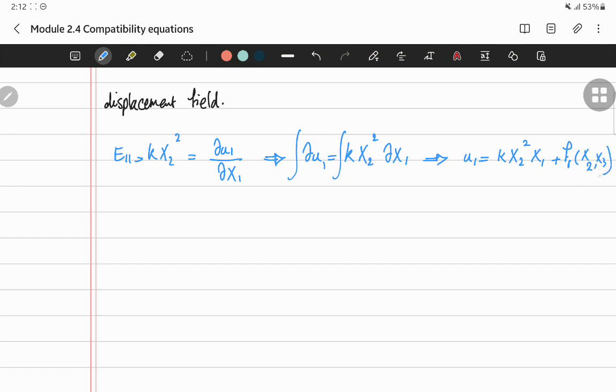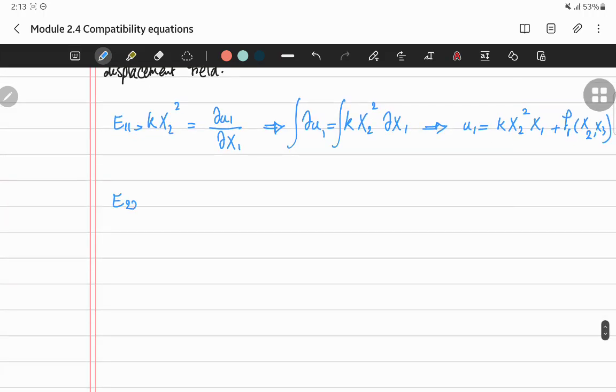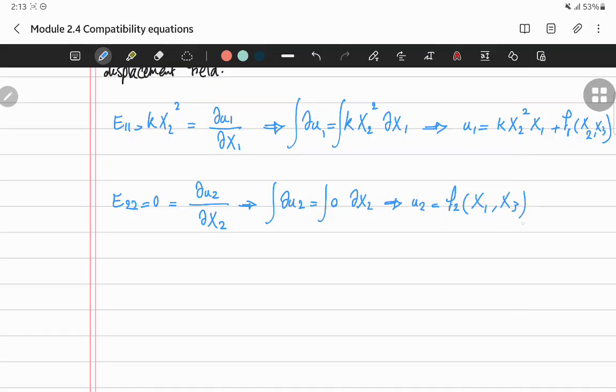Why x2 and x3? Because if you differentiate this displacement field with respect to x1, you only get this value. Next, I have e22, which is equal to 0, the partial derivative of u2 with respect to x2. Therefore, I integrate and I get u2 is equal to, for example, f2, which is a function of x1 and x3, because if you differentiate this with respect to x2, you get 0.